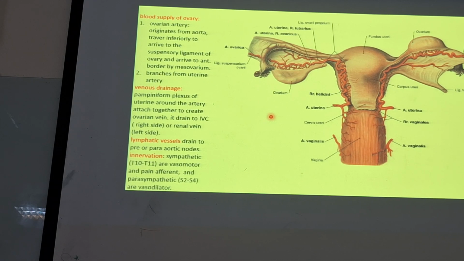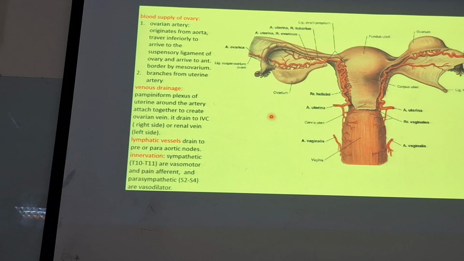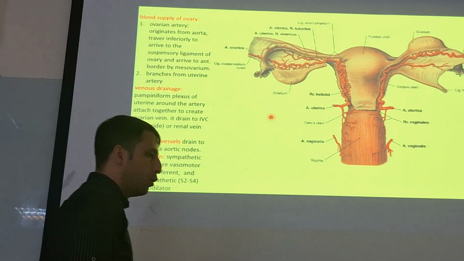The uterine artery is located in the broad ligament and anastomoses to the ovarian artery. These two arteries can supply the ovary.